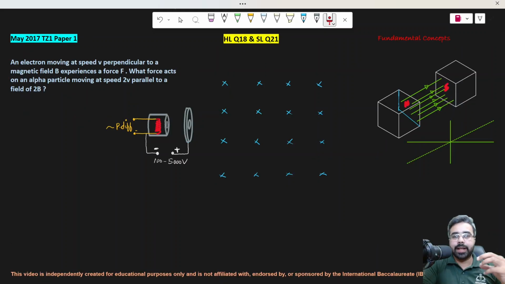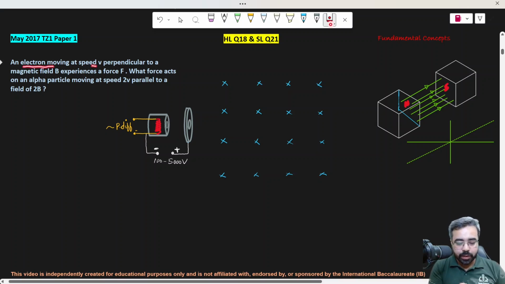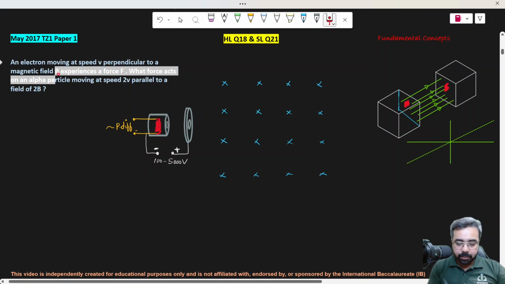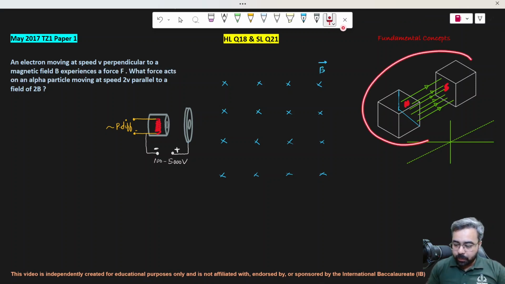Hello, this question is about the motion of a charge in a magnetic field. Let's start with the electron that is moving with a speed v perpendicular. It's very important to note that it is moving at 90 degrees, normal to the magnetic field, having magnetic field strength B. You see that this magnetic field is applied into the plane, as I have shown in the section of fundamental concepts.